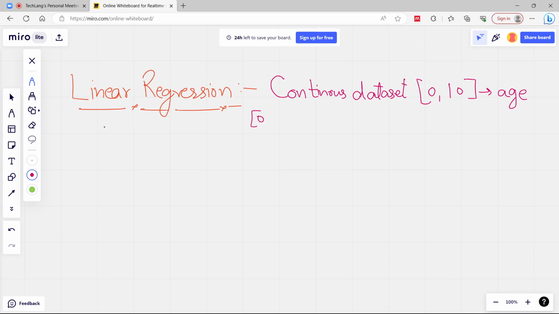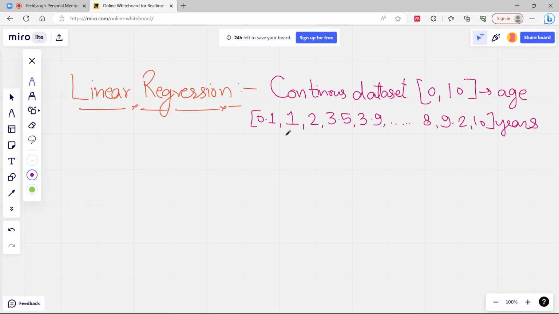If he is 0.1, he is just 1 day old. If he is 1, he is 1 year old, 2 years old, 3.5 years old. He might be 3.9 years old, or 8 years old, 9.2 years old, or 10 years old. Is it fine? This would be the probability for my entire data set.